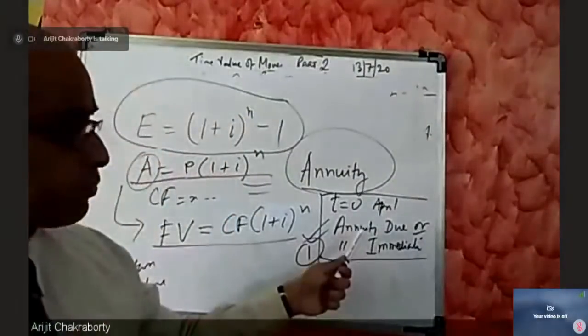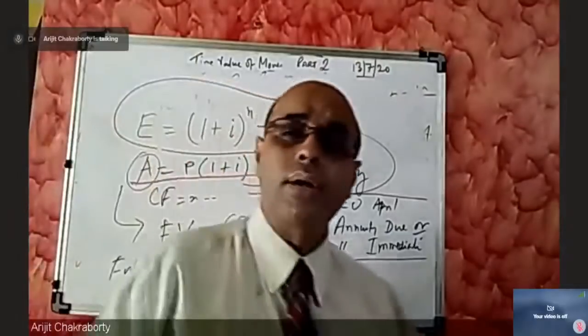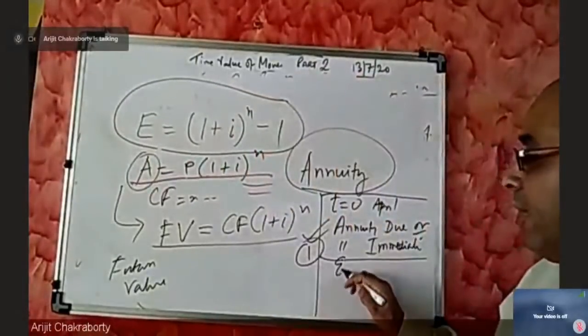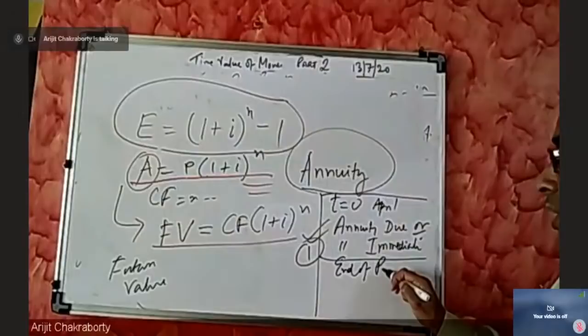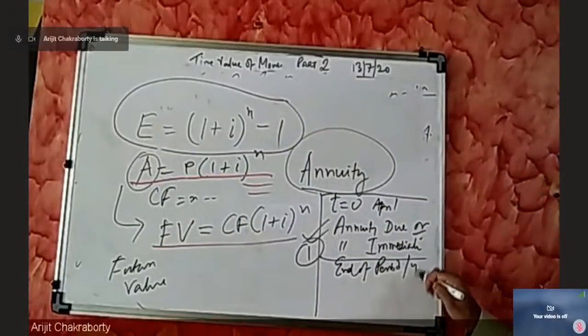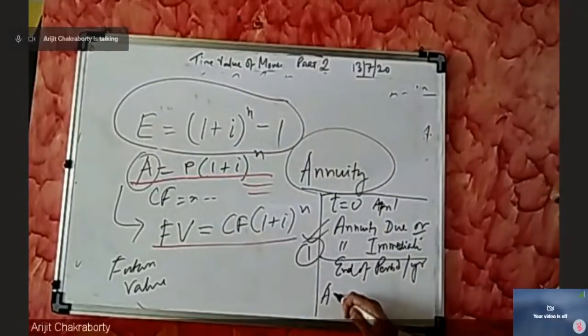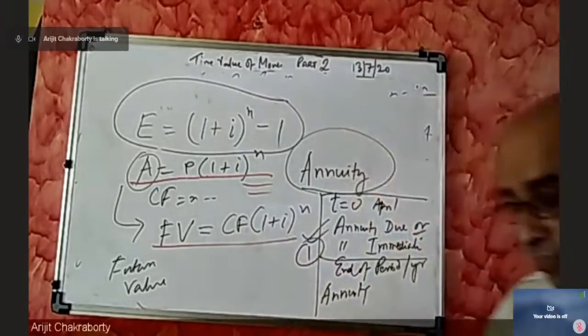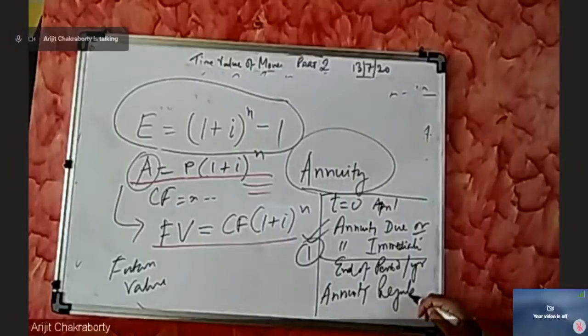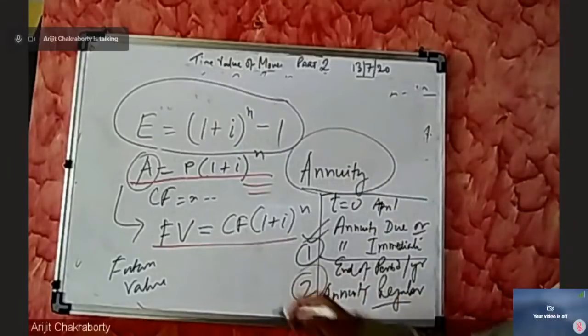So this was at the beginning, when time is equal to 0. But if I receive the money at the end of the financial year, the end of the period, then it is called annuity regular. Please note this. This is the second type of annuity.